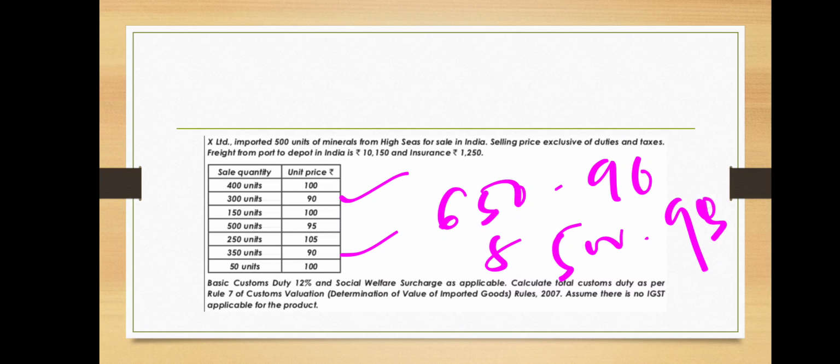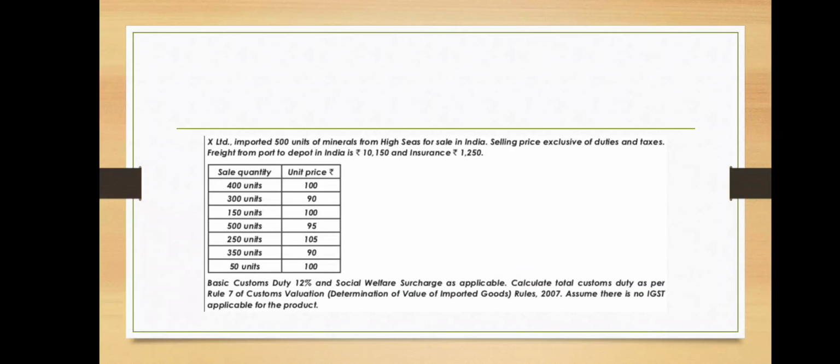Sorry, wait a second. For 100, this we need to take. For 95, there is only one unit price, that is 500 units. For 90, 300 units and 350 units.